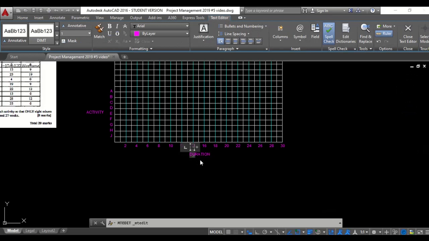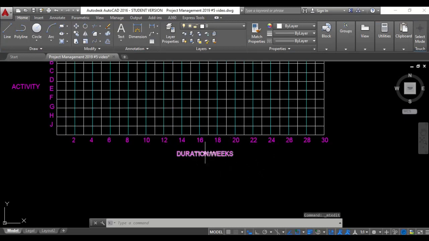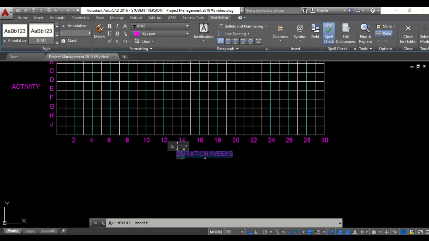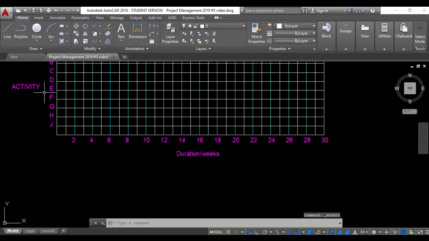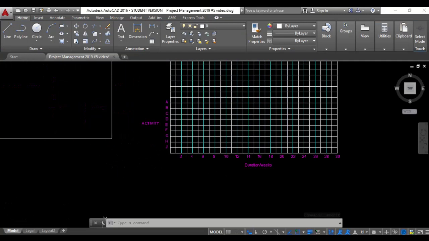Let's leave it in full caps, doesn't matter. Okay, it's a little bit hard to read, so let me go and change that. I'll let that stay. Okay, so now we're ready to do our bar chart.